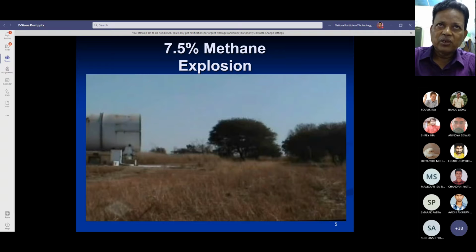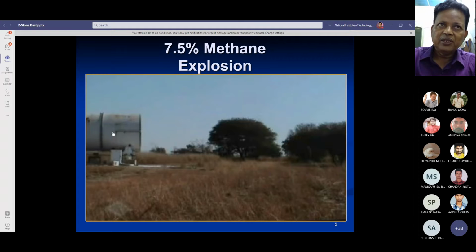So, the 7.5% methane explosion. Let us see how the explosion takes place if the methane concentration is 7.5% in this experiment.